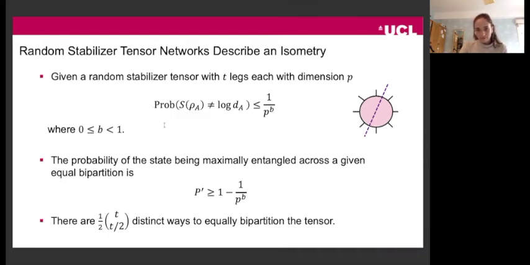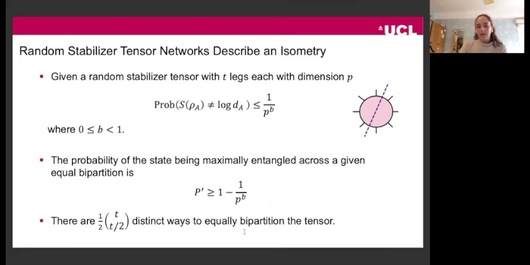And if our probability of not being equal is vanishing as we're increasing P, then it makes sense that the probability of the state being maximally entangled across a given equal bipartition is going to 1 as we increase P.